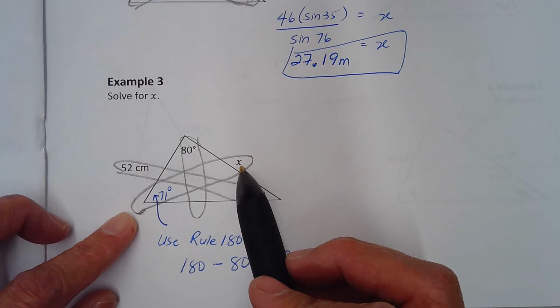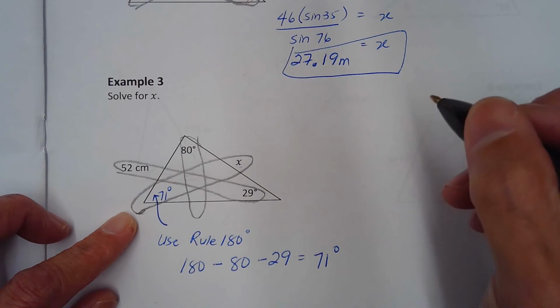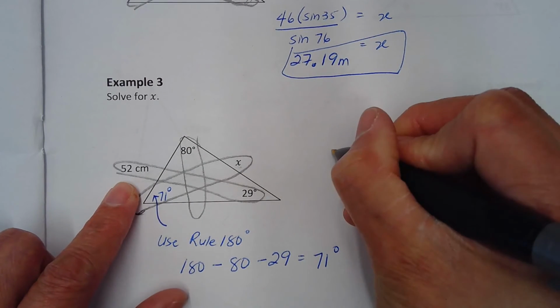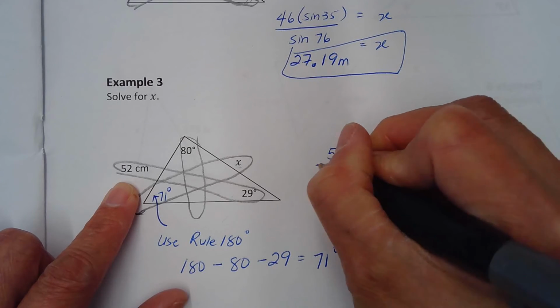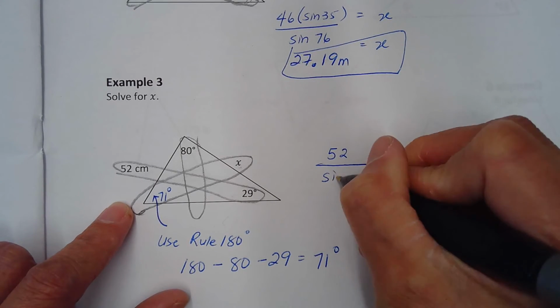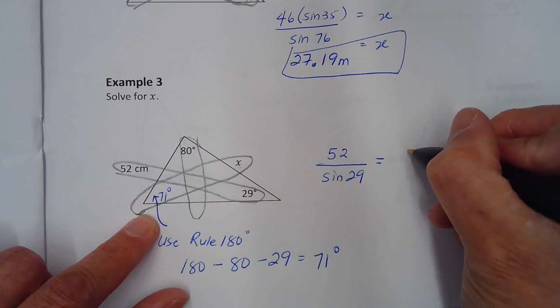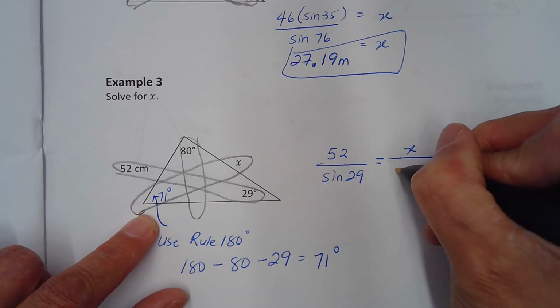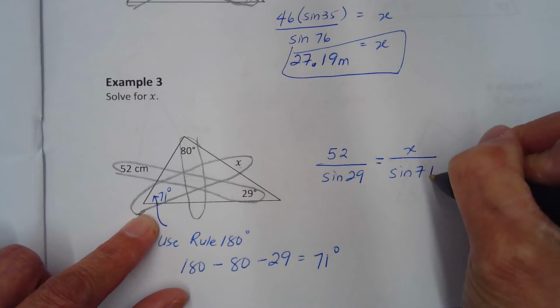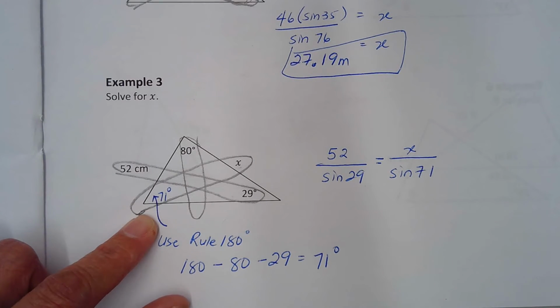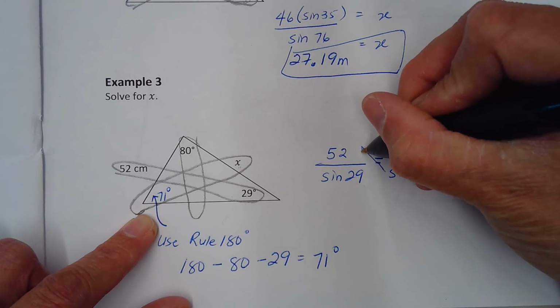Okay, so let's go set it up. What do I do first? Side 52 divided by sine of 29 equals x divided by the sine of 71. So what are we going to do? Going to cross multiply.